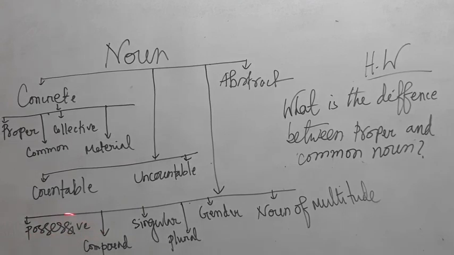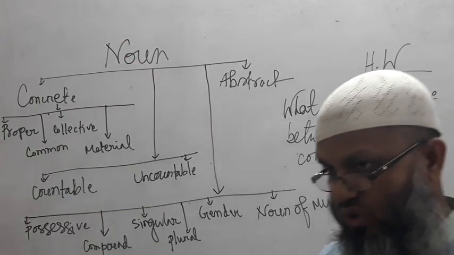I have already shown you. And then compound noun, and singular and plural noun that is related to number, and then gender also, which is related to noun. And last of all, I have already told you about noun of multitude. Those are the terms which are included in noun, and I think those things should be clear to you.